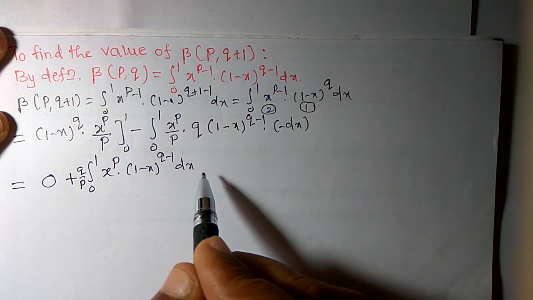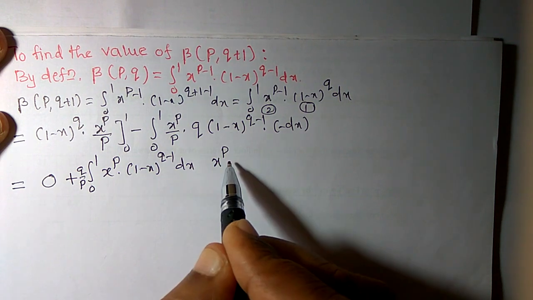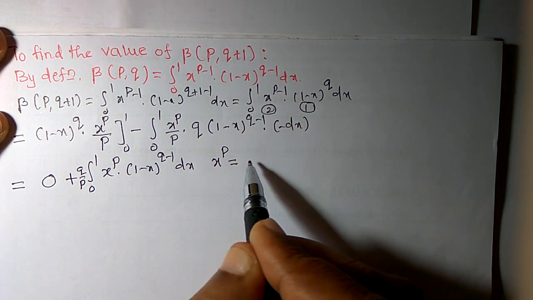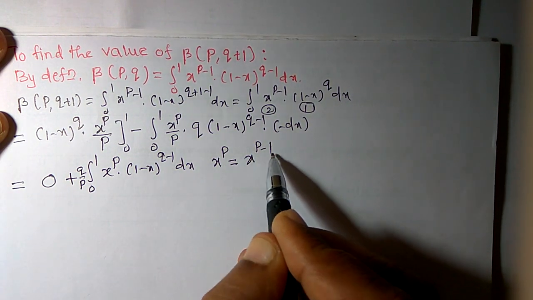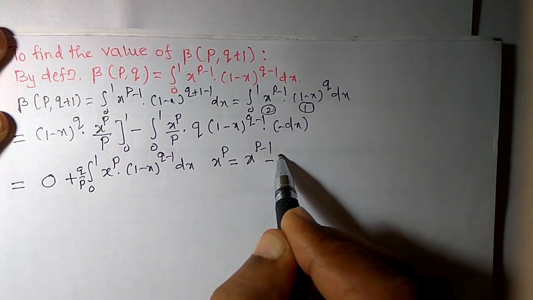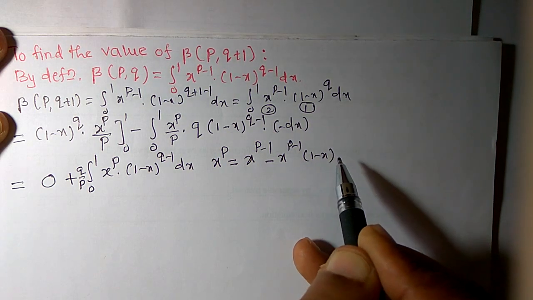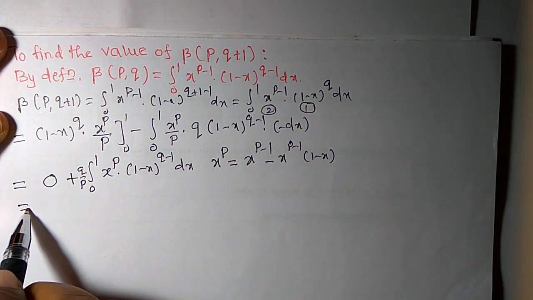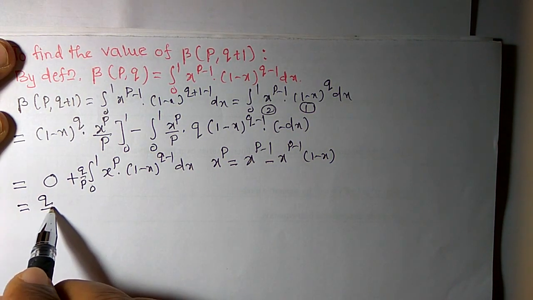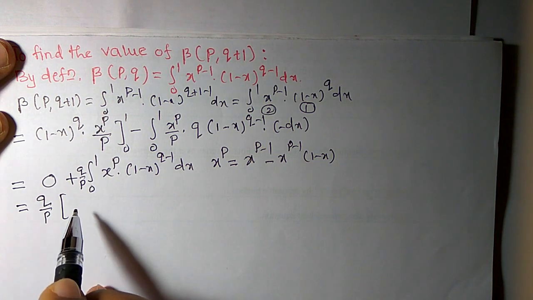So now I want to substitute x raised to p, which can be written as x raised to p minus 1 minus x raised to p minus 1 into 1 minus x. So this can be written as q by p is constant, right?